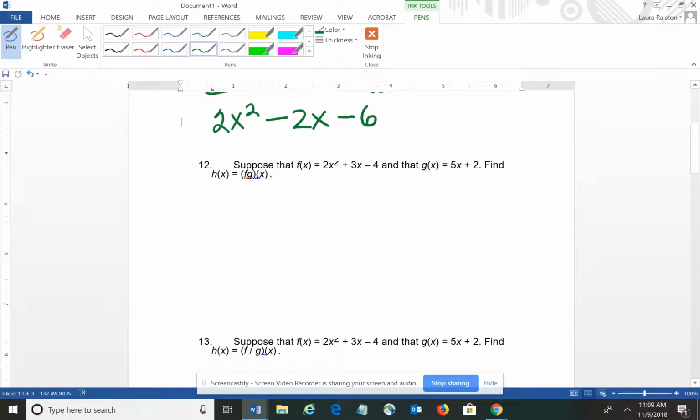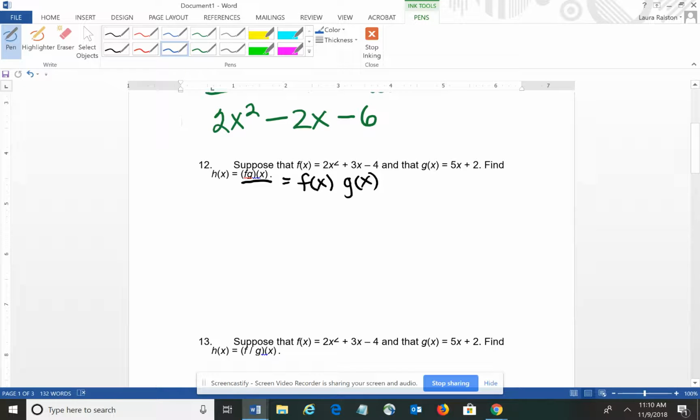On question 12, they ask us to perform the operation of multiplication as noted by f times g. When you have it written inside the parentheses with no symbol between, that's an indication of multiplication. So we find the value of f, we find the value of g, and then we're going to multiply the two answers together.